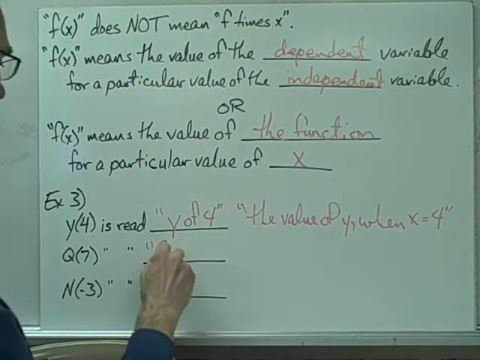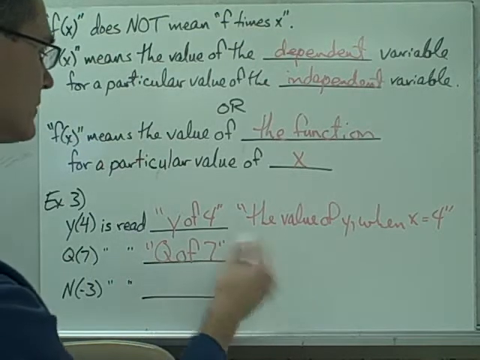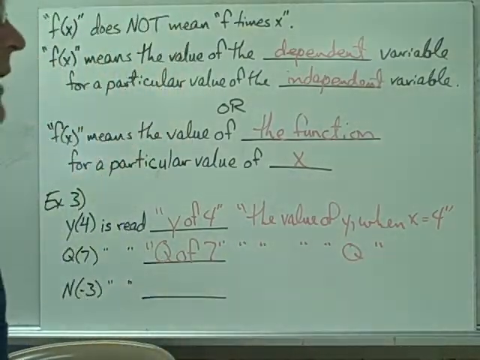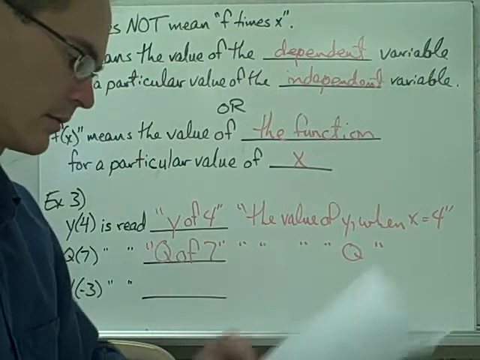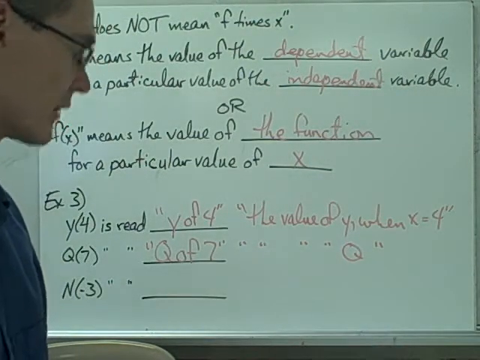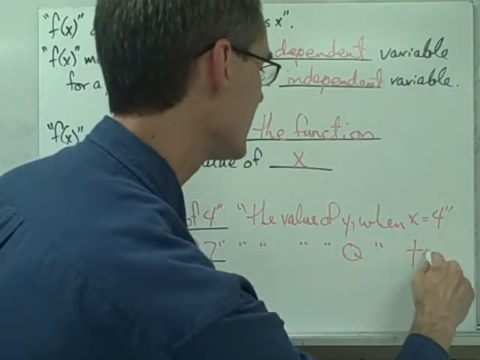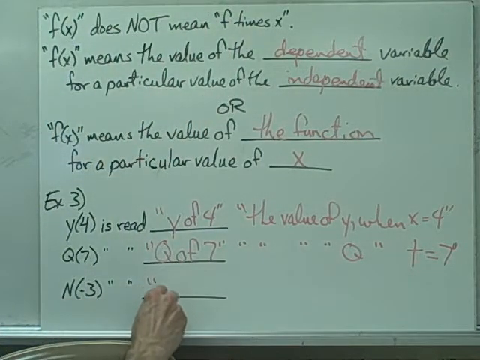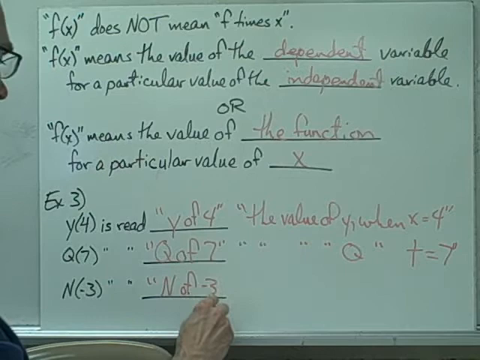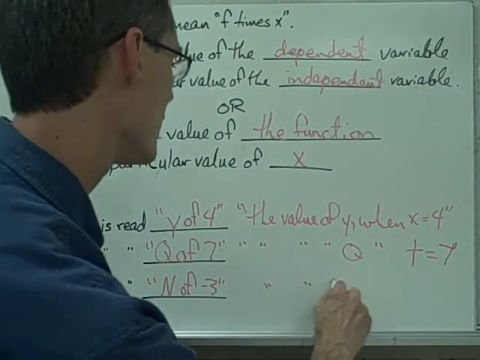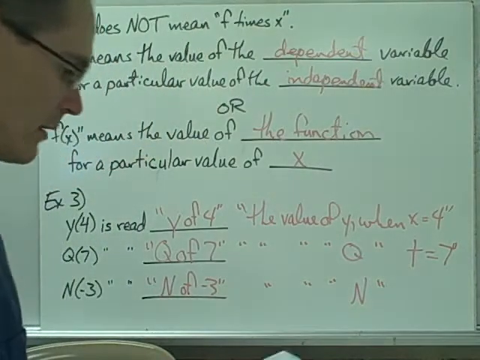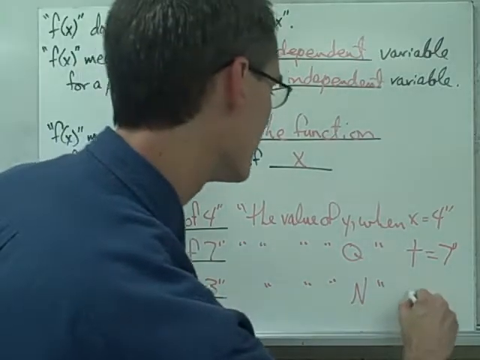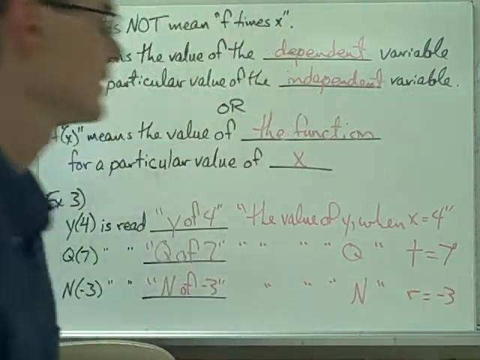This is read q of 7, and it means the value of q when, let's see, q is a function of t, so this is the value of q when t equals 7. This one is read n of -3, and it means the value of n when, let's see, n was a function of r, so this means the value of n when r equals -3.